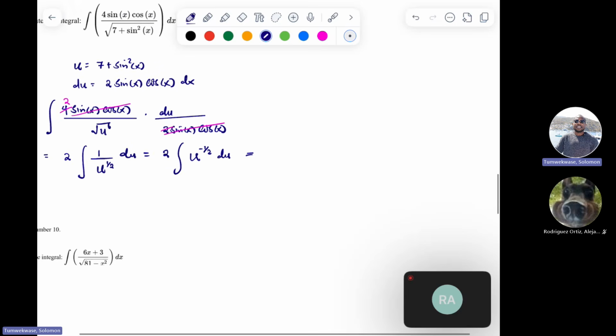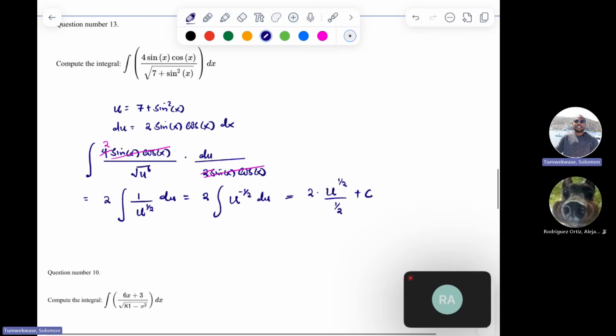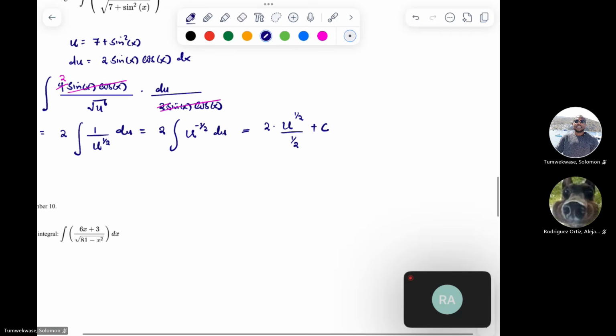When I take this integral, I'll have 2 times u to the power half, then over 1 half, of course, plus some constant of integration, because we don't have limits there. And when I do this, this is 4u to the power half, then plus c. Change back to the original variable.